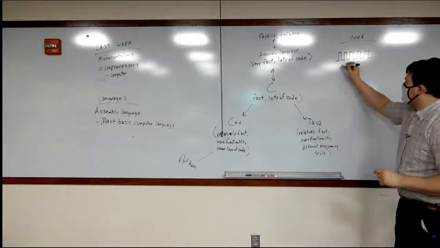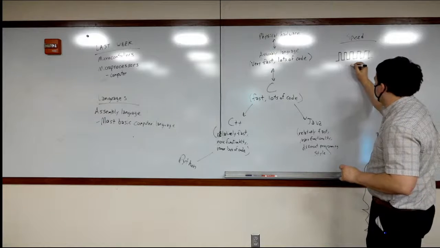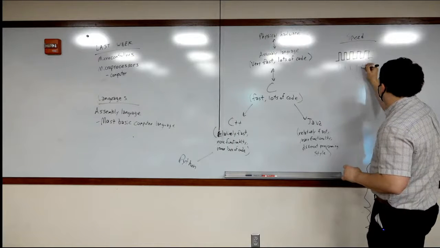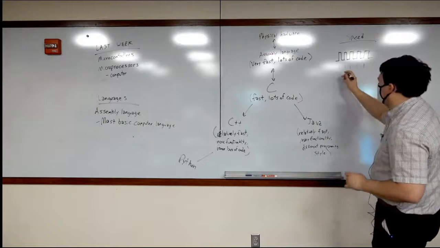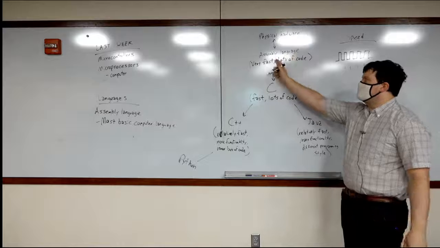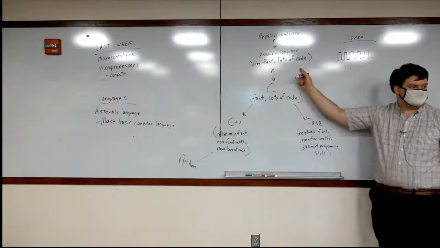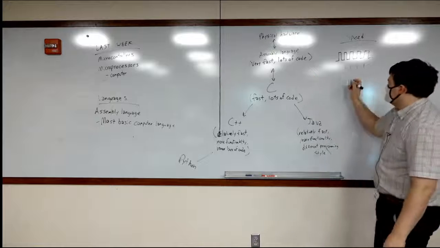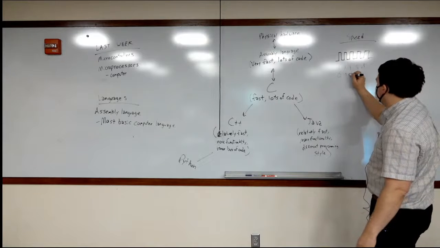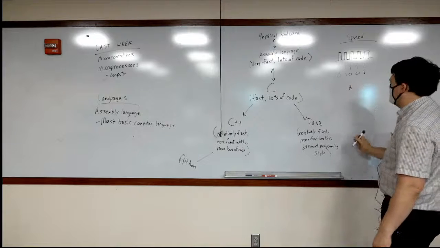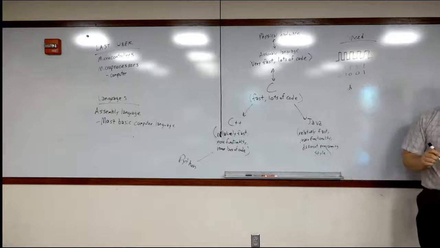Well, for each one of these clocking cycles, we'll try to make sure it's on the rising edge, you may have one piece of information from assembly language that gets processed. Okay, so this may be 01001, and that may represent an A in the assembly language.